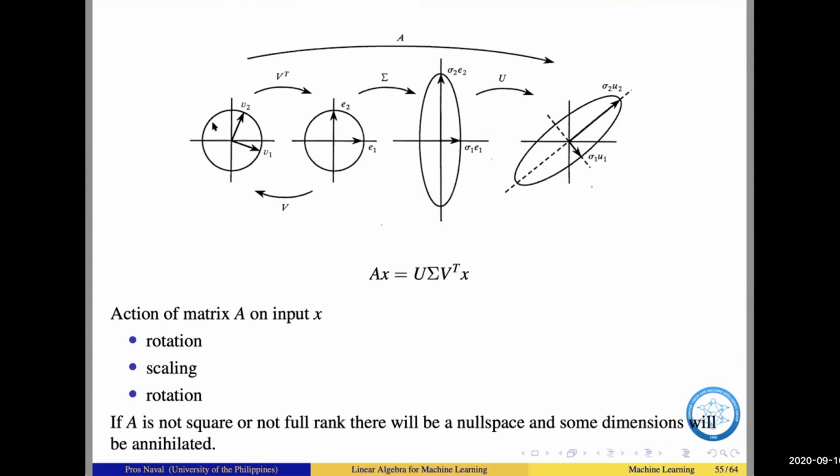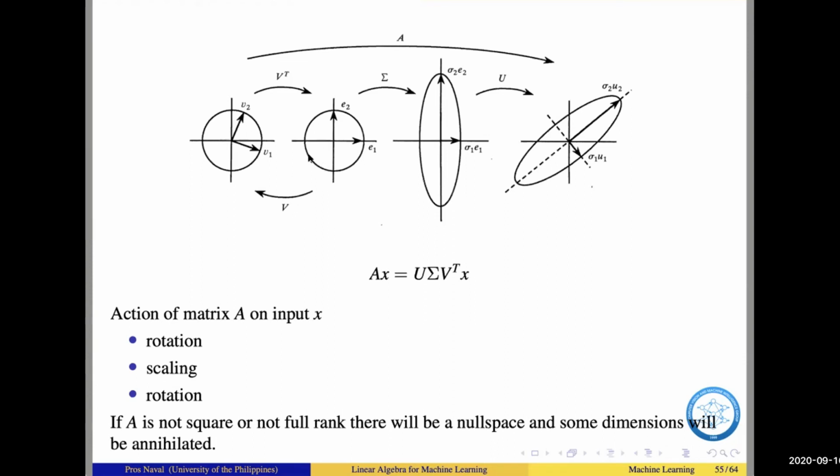When that unit ball is multiplied by V transpose, you have a rotation of this unit ball, and it's still a unit ball, but rotated. However, when you multiply this unit ball by sigma, you're scaling each of the coordinates.